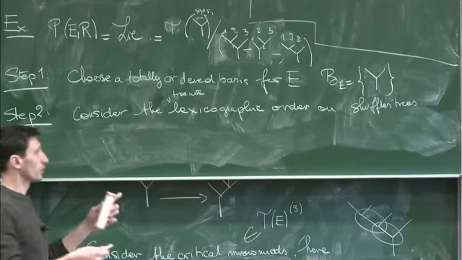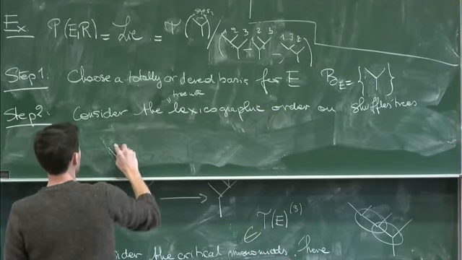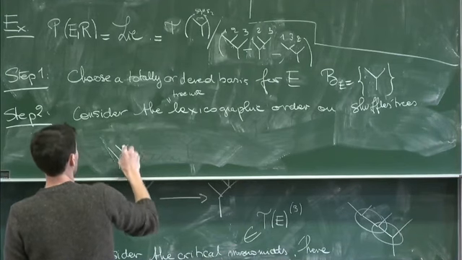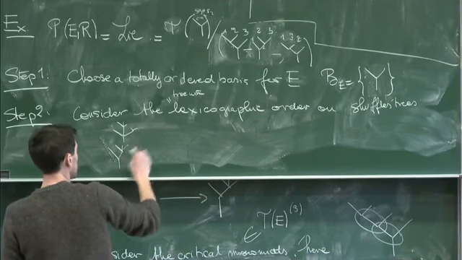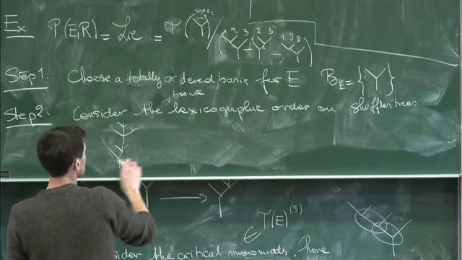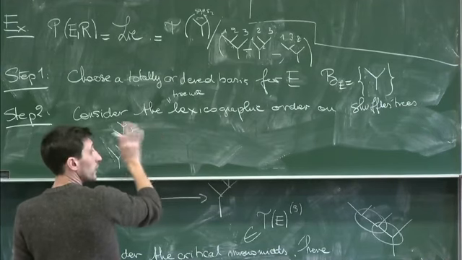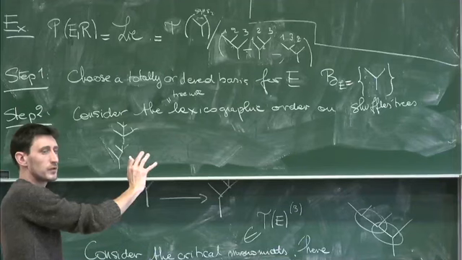You see, so you want an order such that if I do something like that and I graft with another tree here, this is increasing. So if this is less than another one, this is less than another one, the composite is less than the composite. Do you see what I mean?